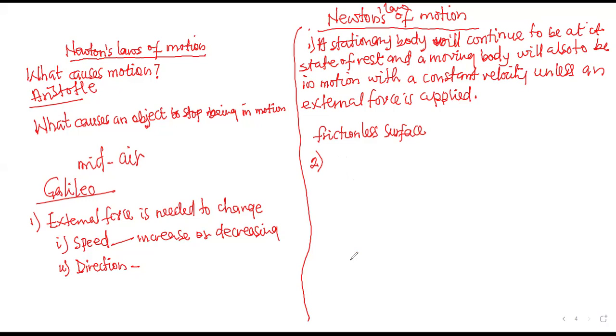If you are stationary and I push you, when you were stationary, your velocity was 0. When I push you, your velocity would increase. An increase in your velocity means you are accelerating. So Newton's second law of motion is only saying that a body would only accelerate when an external force is applied.